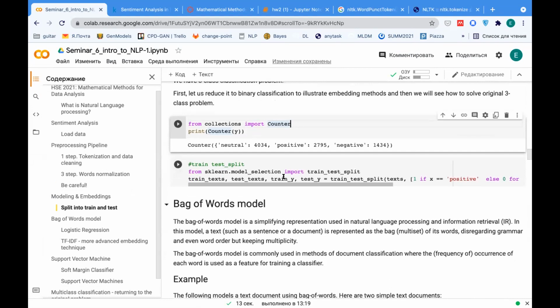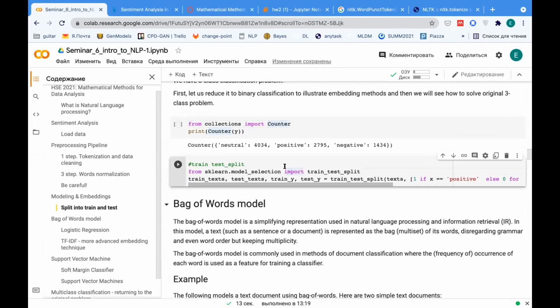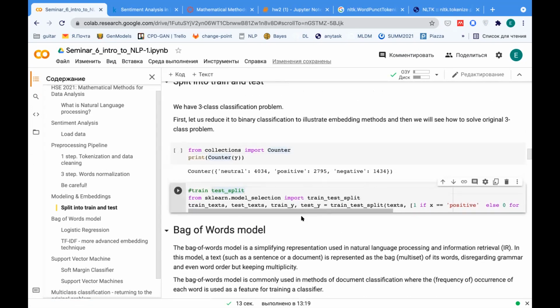But firstly, we will split our data into training and test parts. And at first we'll use just two classes. So we will say that we have binary classification. So we'll say that we have a positive class and some other that we will label as the zero class.